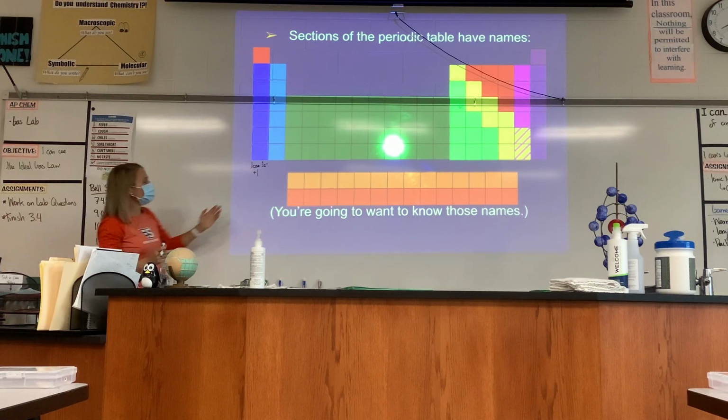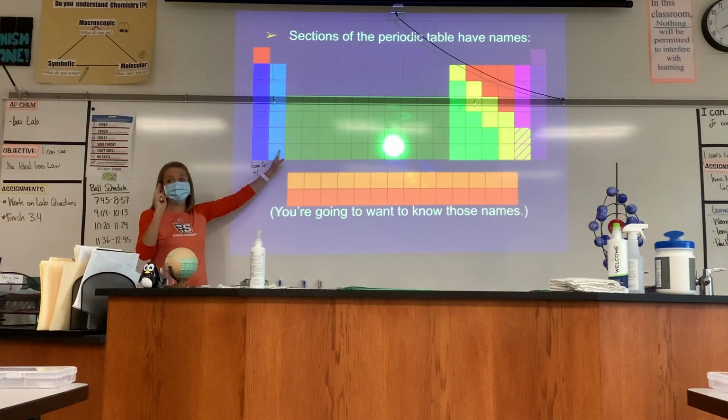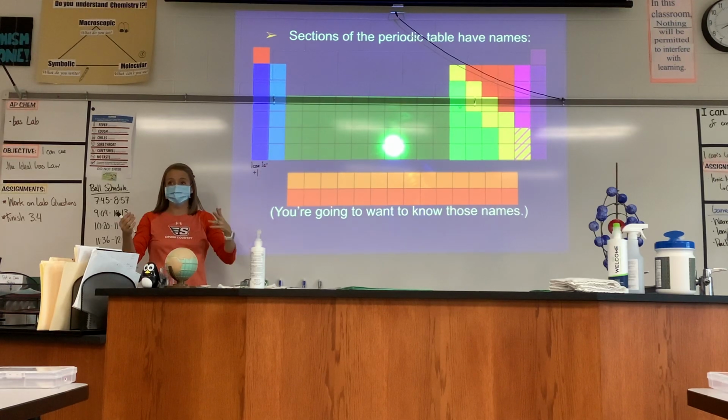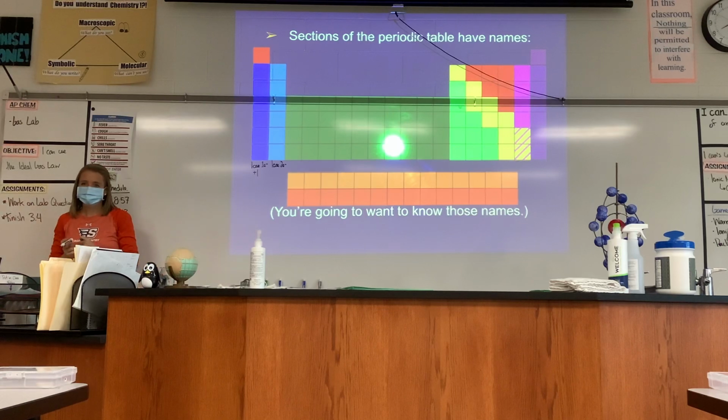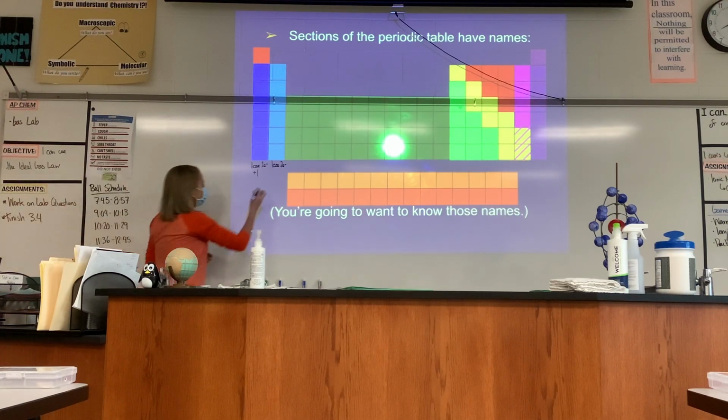Same thing continuing the pattern. This family has 2 valence electrons, so their path of least resistance to get to full is to lose the 2 that they have. By losing 2 electrons, what does its charge become? +2. Very good.